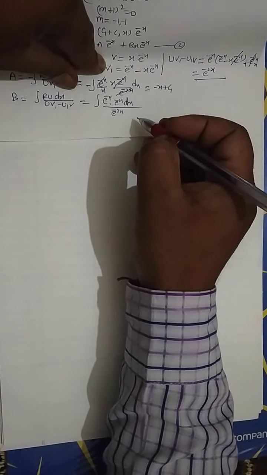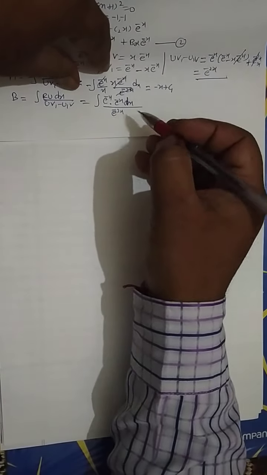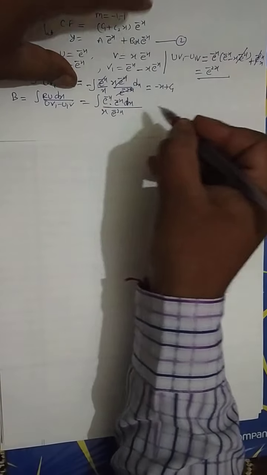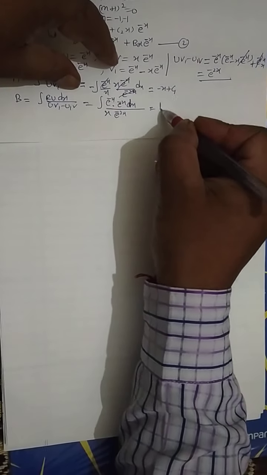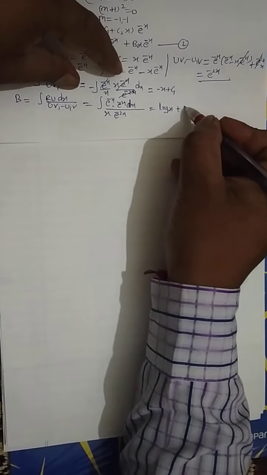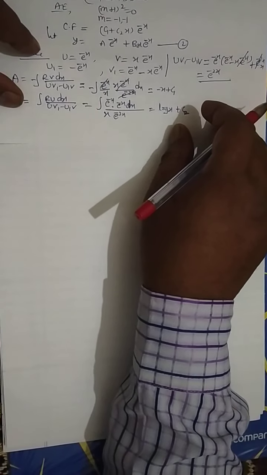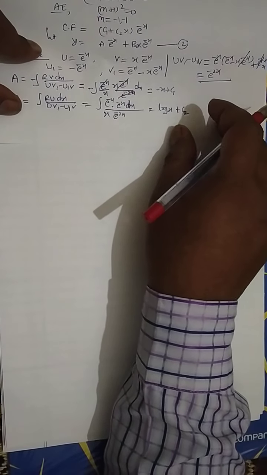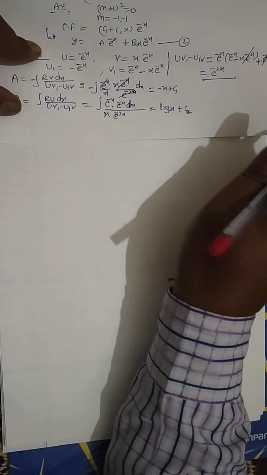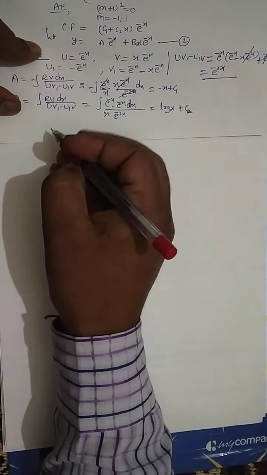This is cancelled by this. This is cancelled by this. Then we get log x plus c2. Putting these values of A and B in equation number 2, we get the required solution.